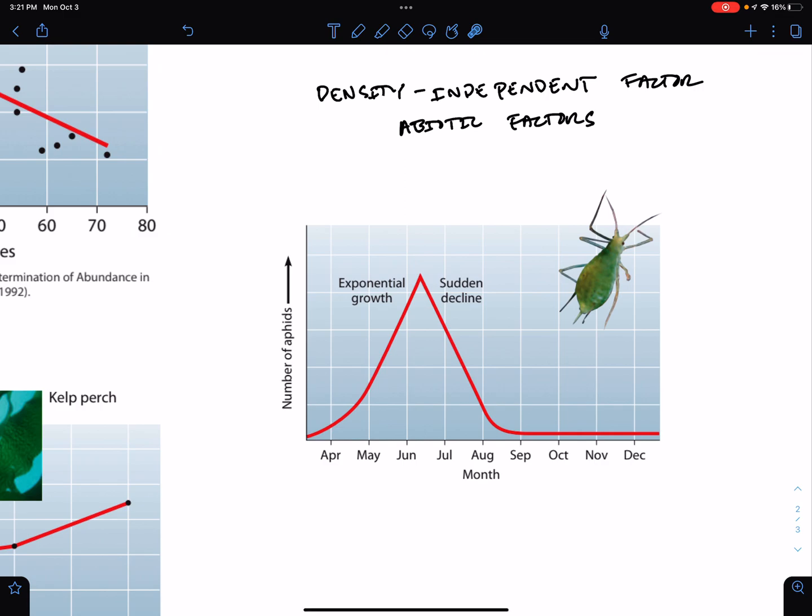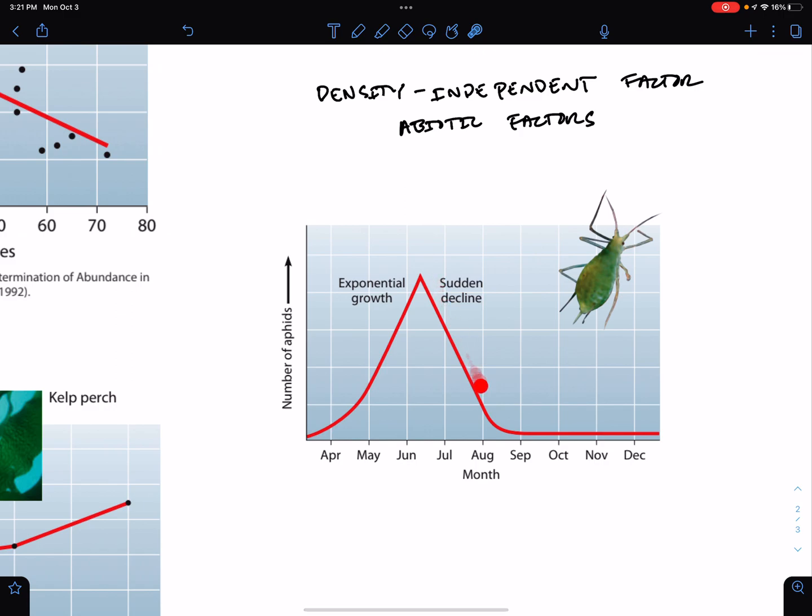And so this is an aphid population, and the density is decreasing drastically. These insects feed on the sugary phloem sap in plants, and they undergo virtually exponential growth in the early spring, and then they rapidly die off when the weather turns hot and dry in the summer.